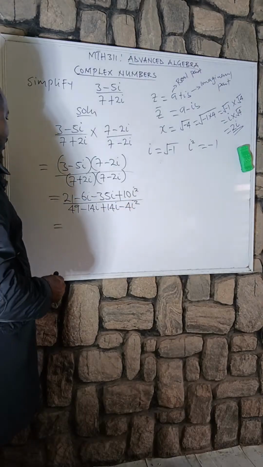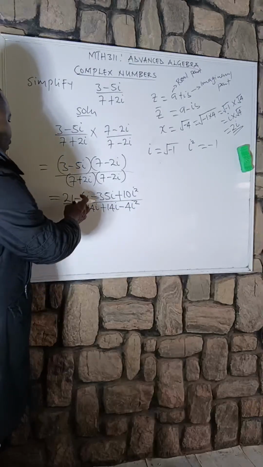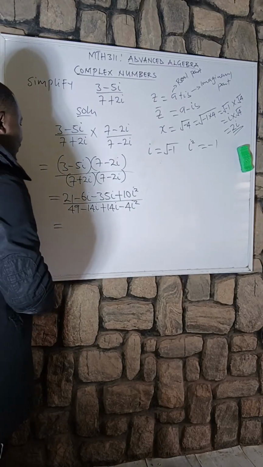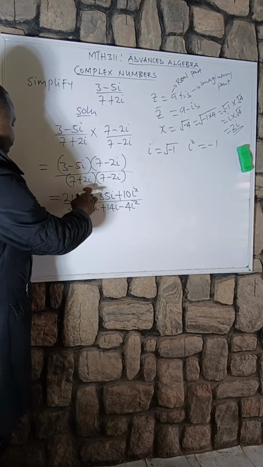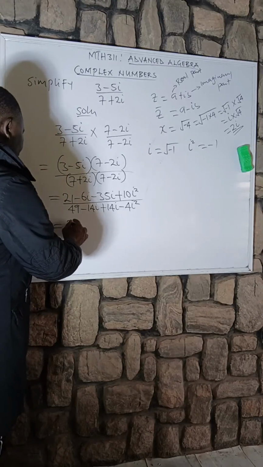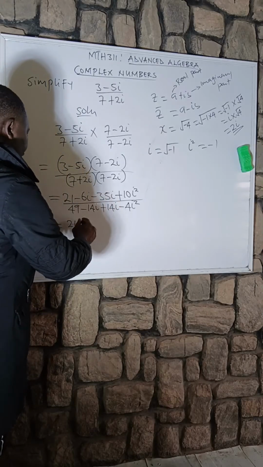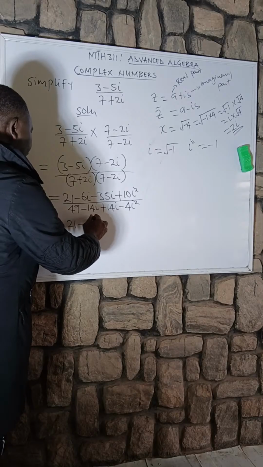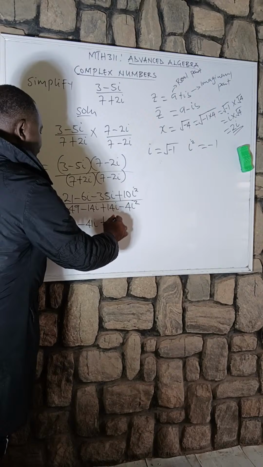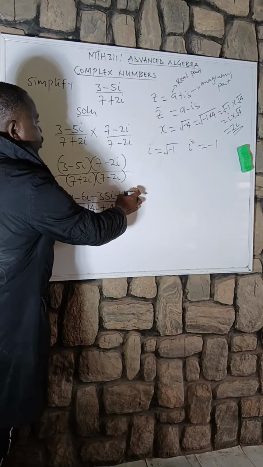It means if you agree with me, we can add or subtract this. So it means minus 6i minus 35i. We write 21. Here we are going to have minus 41i. Then plus 10, open bracket, i squared.